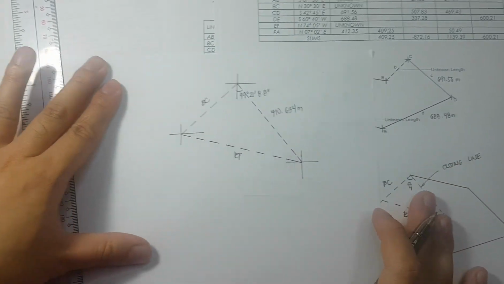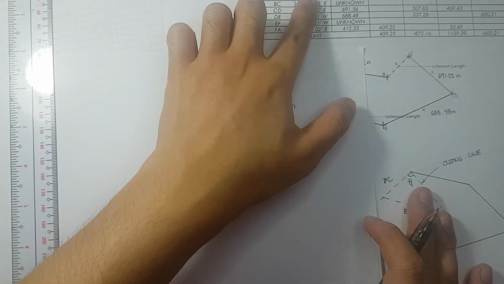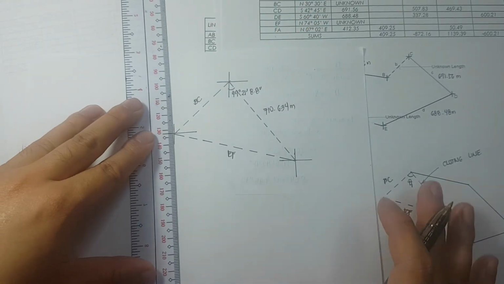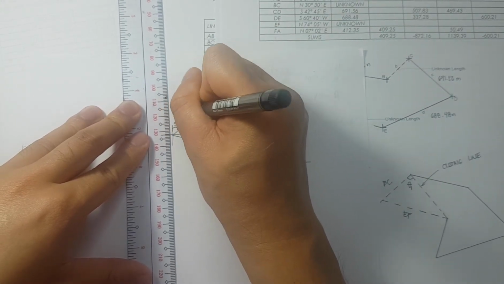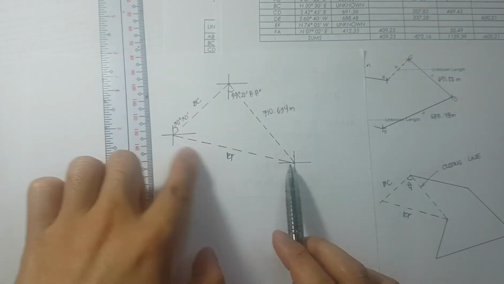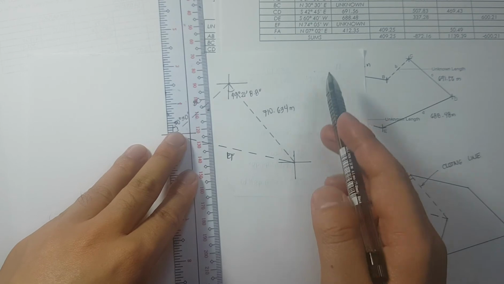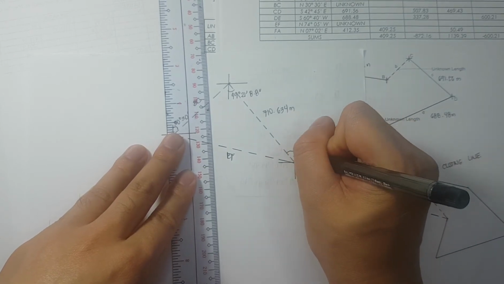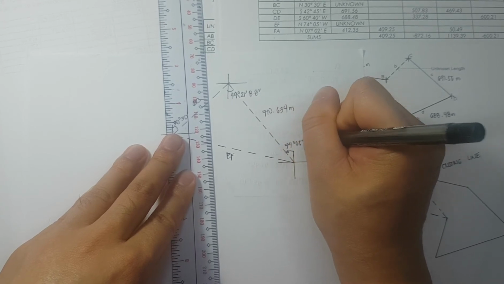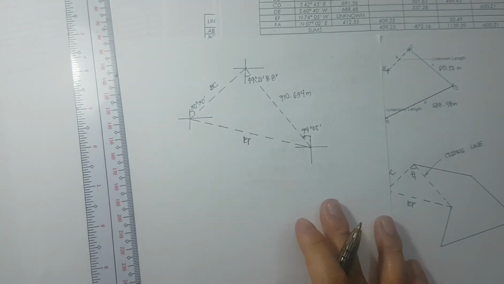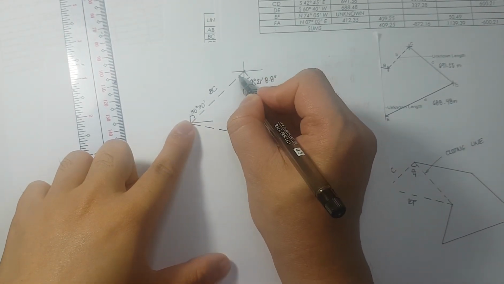Okay. So take note, line BC is north 30 degrees 30 minutes going to east. So the angle here is 30 degrees 30 minutes. Then from E to F, we have 74 degrees 5 minutes from north going to west. Therefore, the bearing is 74.05 west. Okay, so the angle here is the same as the angle here.